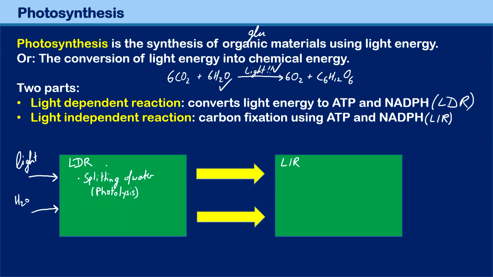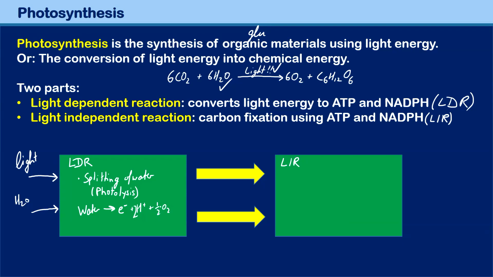And when you split the water, into what do you split the water? The water is split into electrons, and I abbreviate the electrons with E minus, and hydrogens, H plus, and also oxygens. So you have to have essentially 2 H plus, and then oxygen, 1/2 molecule of O2.